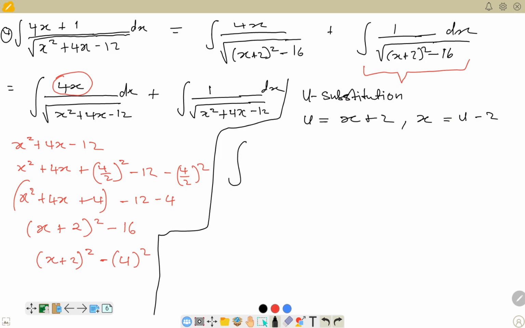Then, because the main problem is that 4x, let's replace that x with u minus 2. So now here it was dx. So let's work with du now. And then according to this substitution, we will let our dx be du.